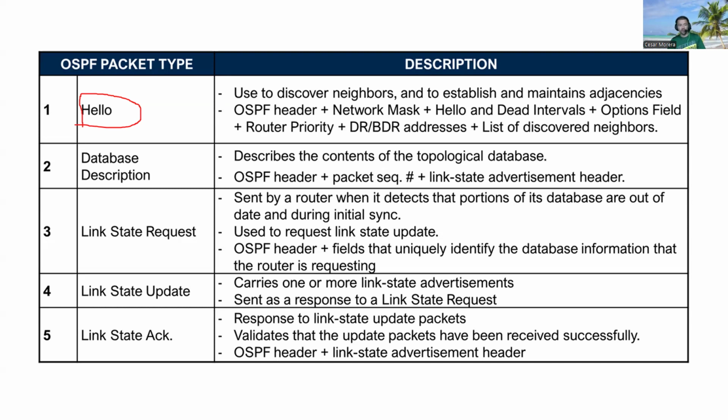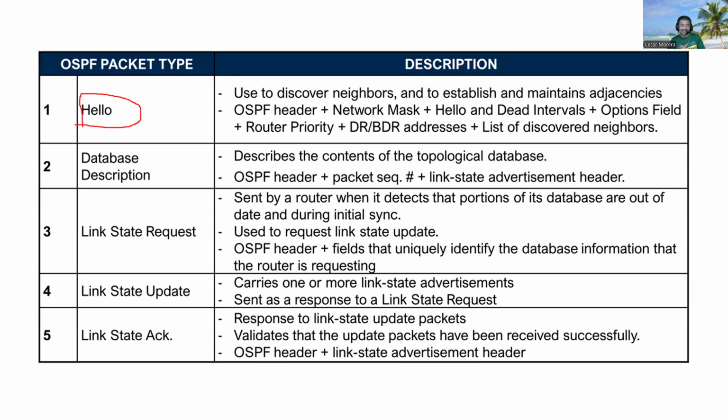So far we went over hello, database description, and link state requests. What are we missing, guys? We're missing link state updates. It carries one or more link state advertisements. It sends a response to a link state request.